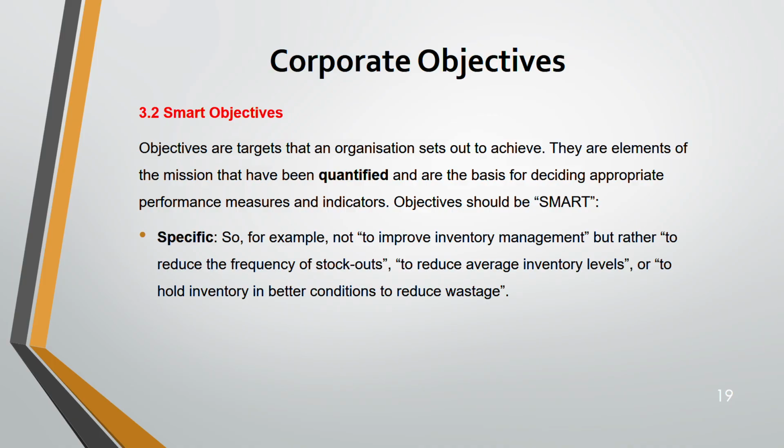For example, to improve inventory management is not specific. But if you say you want to reduce the frequency of stock outs, reduce the average inventory level, or hold inventory in a better condition to reduce wastage, these are more specific statements. You can't say to improve inventory management. That is unspecific.